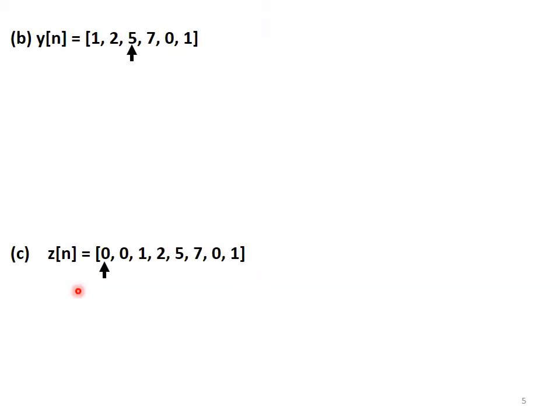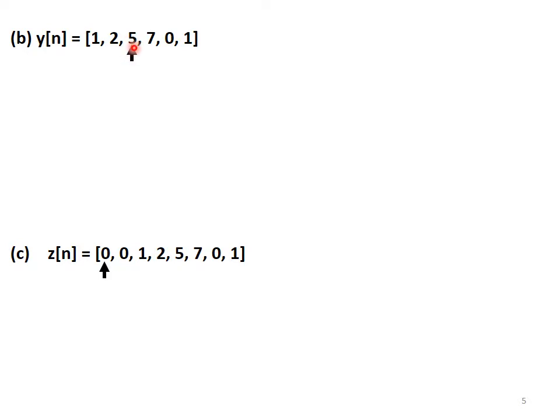Then we have example number 2, and in a similar way we can write down the sequence for this, but one thing you should note down is that this is not a causal sequence. It has sample values for negative values of n, right?